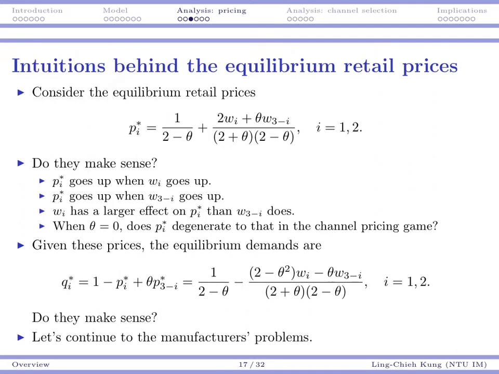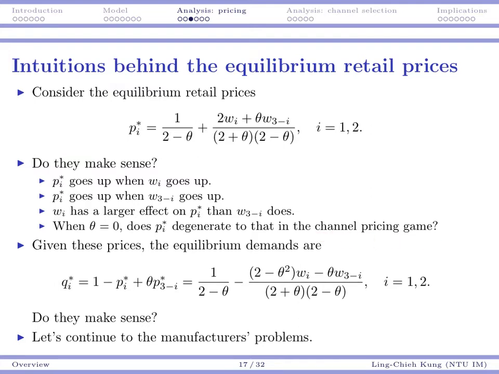And also my own wholesale price has a larger effect than my competitor's wholesale price. Okay, 2 is greater than theta. Makes sense because I care about my supplier's wholesale price more. Finally, you probably want to verify that when theta is 0, Pi* will degenerate to the price in the usual channel pricing game.